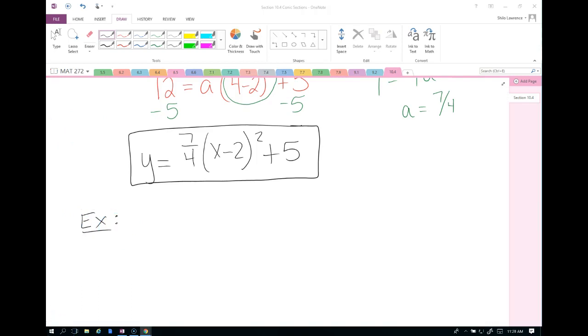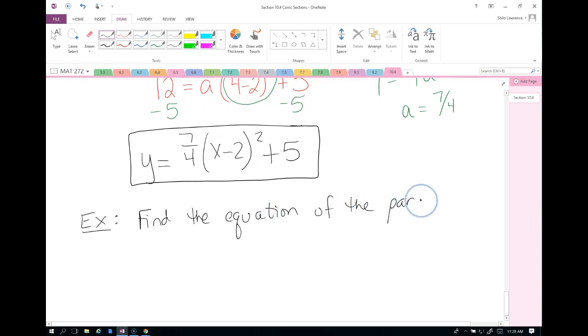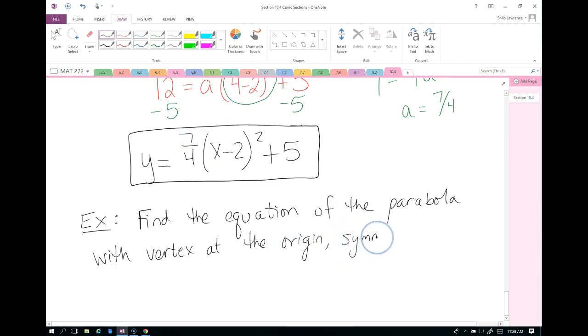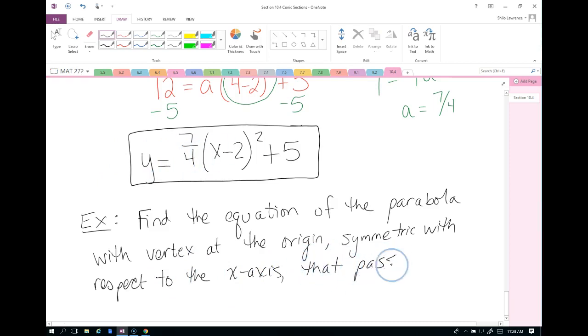So let's look at one more example. This time, let's find the equation of the parabola with vertex at the origin, symmetric with respect to the x-axis, that passes through the point (3, 1).